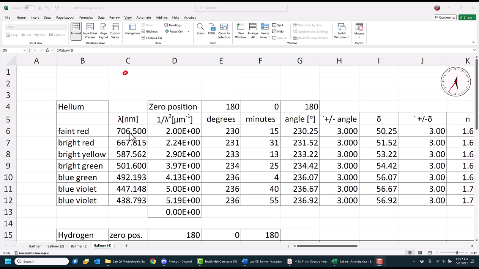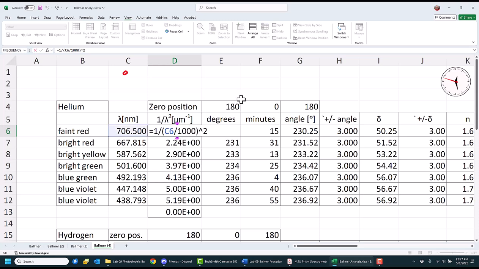So micrometers are nanometers divided by 1,000. And I multiplied by 1,000 because I must have been thinking I was converting it to meters. So if you put that here and you see the negative 12, right? I was thrown off by that. So if I do it properly, divide by 1,000, then these are much different numbers.